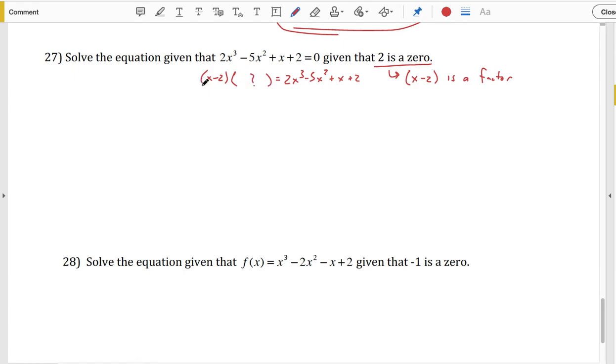Then if we divide it by x minus 2, we should get the rest of this, which is how we're going to find our other two solutions to this equation besides 2.